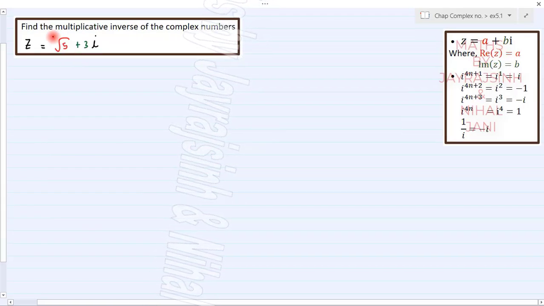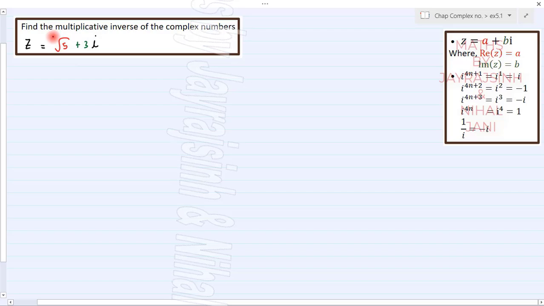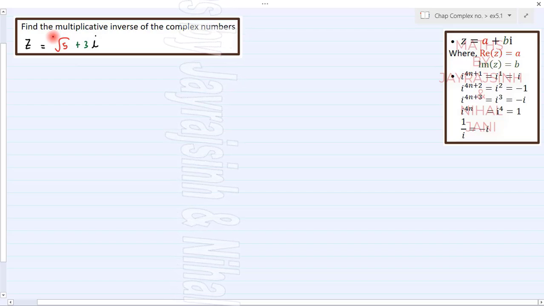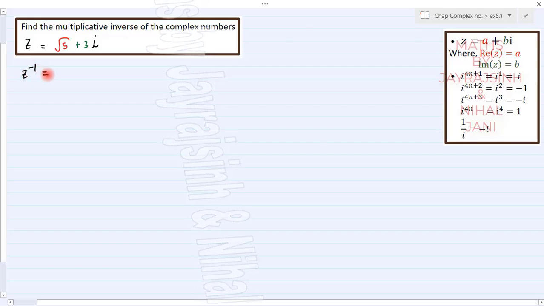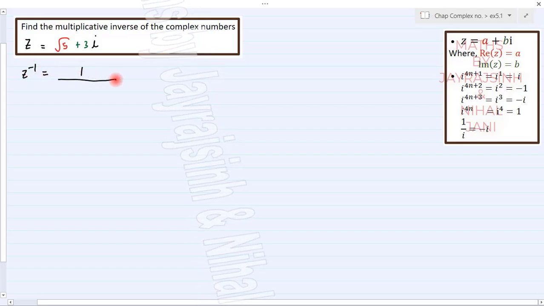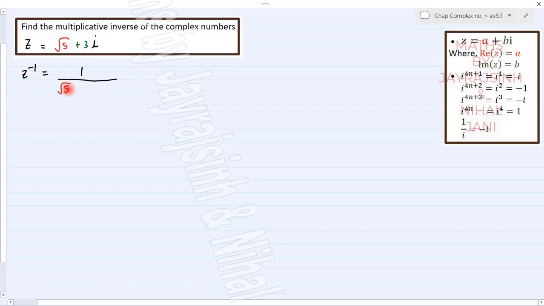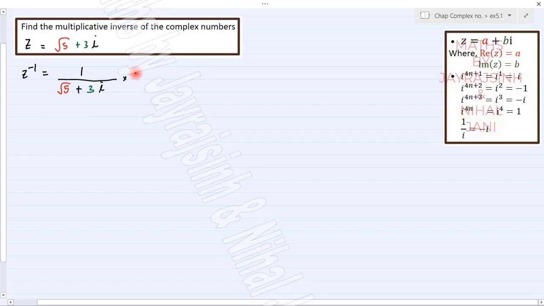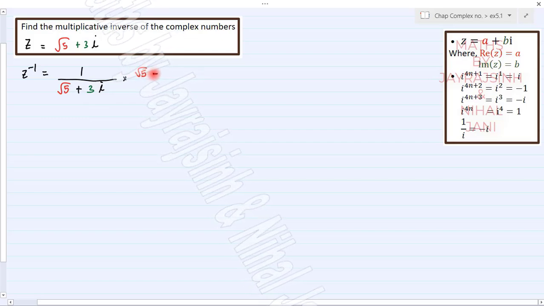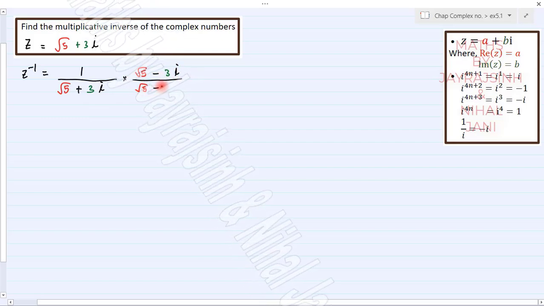In this question, you have to find the multiplicative inverse of the complex number root 5 + 3i. So let's try to get the reciprocal of it, which is 1 upon root 5 + 3i, by multiplying and dividing by the conjugate of it, which is root 5 minus 3i.